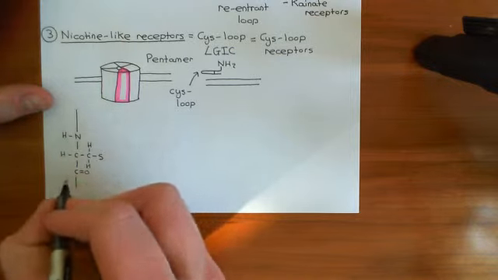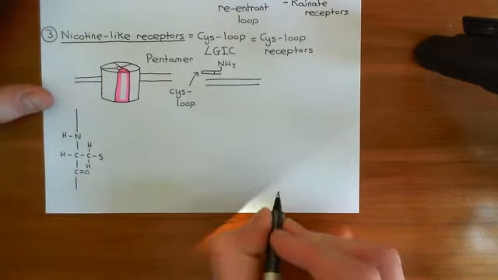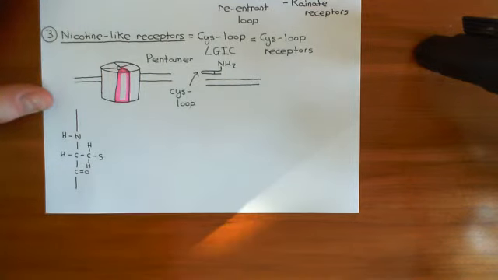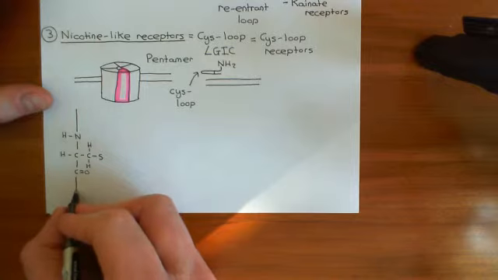A thiol group is a sulfur atom with a hydrogen atom coming off it, but I'm not going to draw that hydrogen, because this thiol group is going to be involved in a disulfide bridge, and in the disulfide bridge the hydrogens on those sulfurs will have gone.